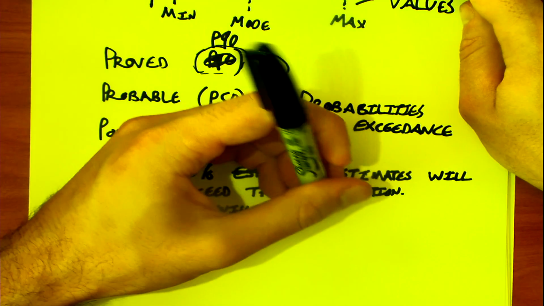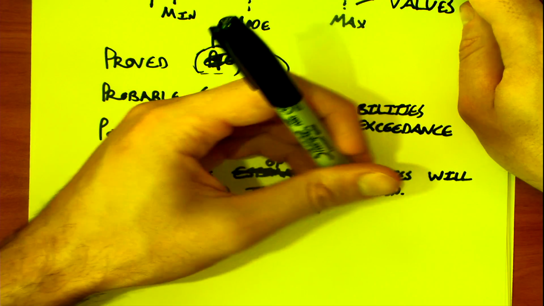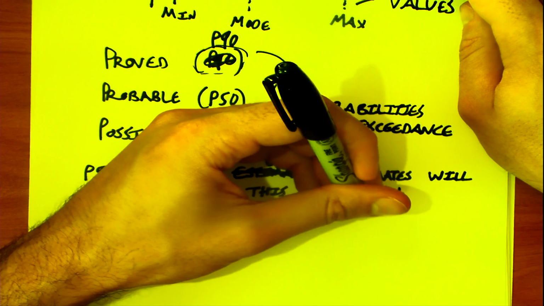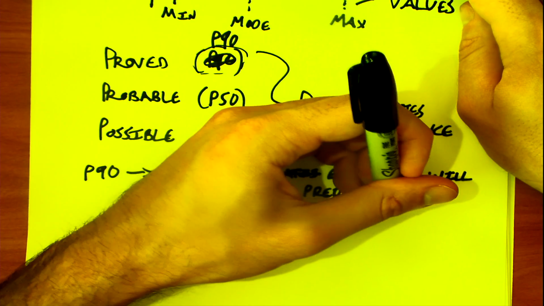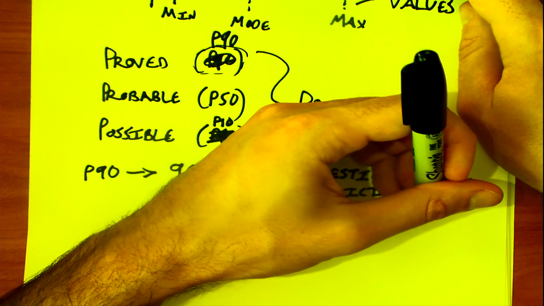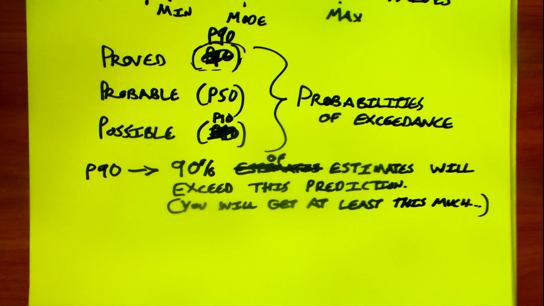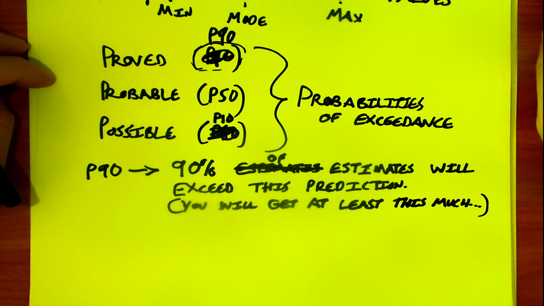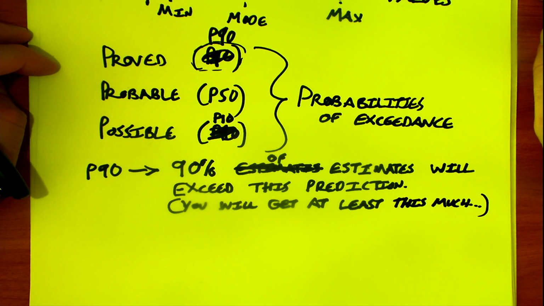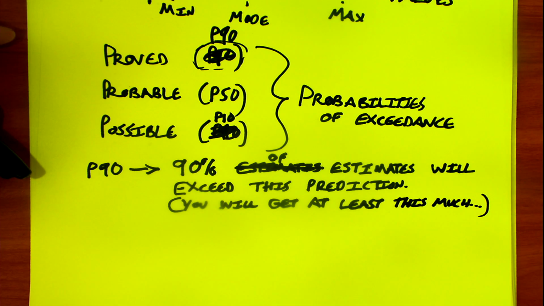You will recover at least this from the reservoir. That's P90. That's why it's considered proved, because there's a very high chance that it's going to occur.